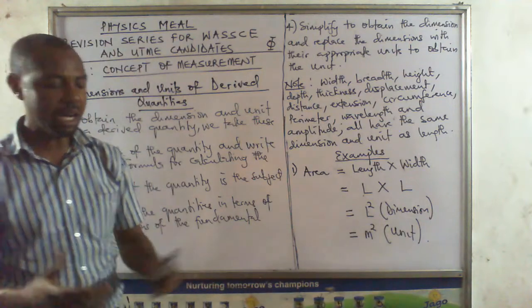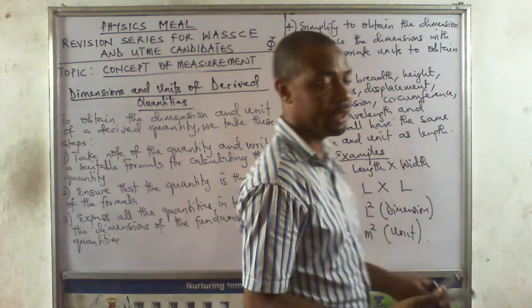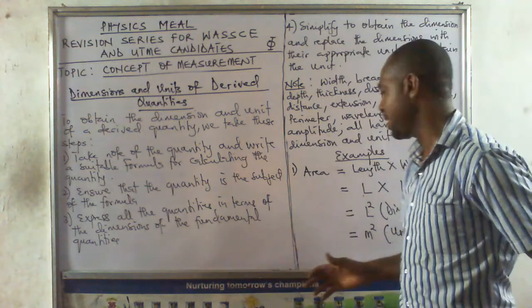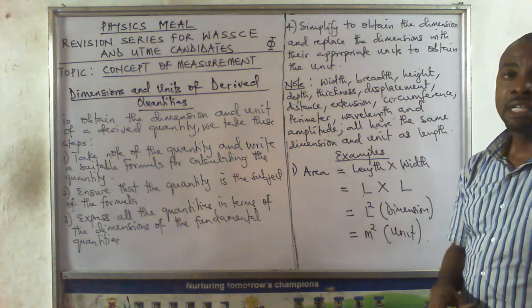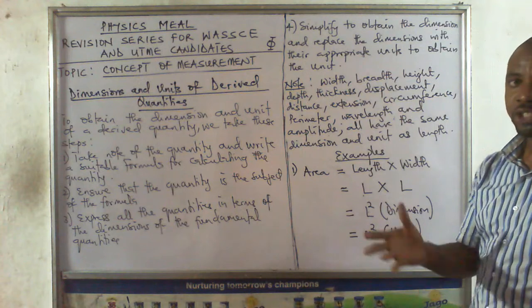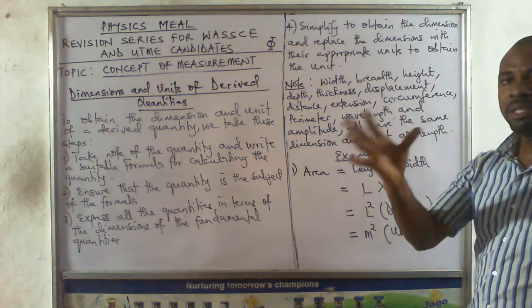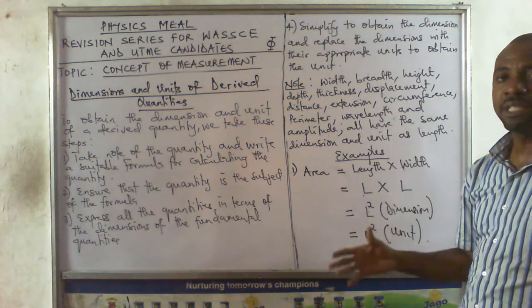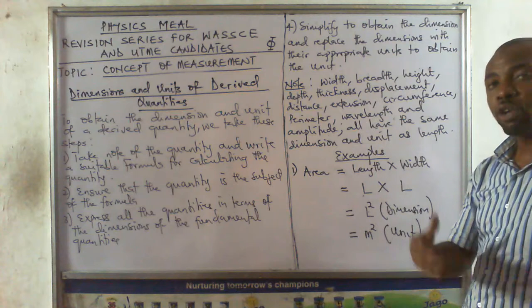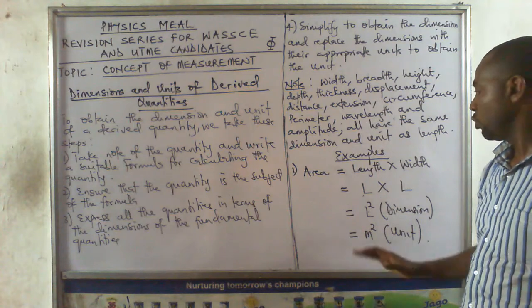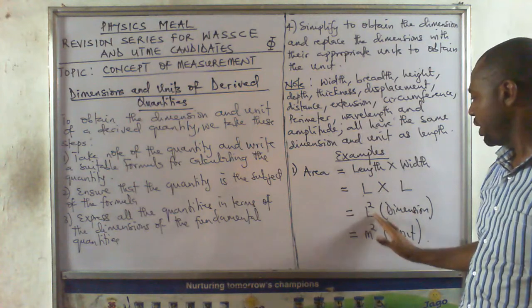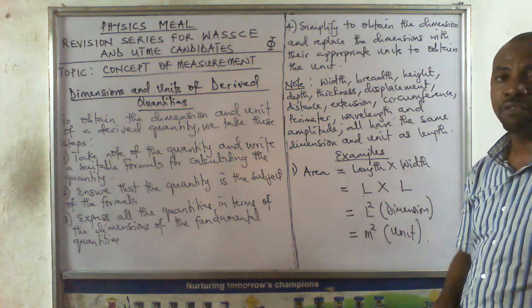That's why after calculating areas of shapes, we usually assign meter squared to the numerical result that we obtain. Or if maybe they want it in centimeter, it's going to be centimeter squared or kilometer squared. So that's the dimension of area, and that's the word unit of area.